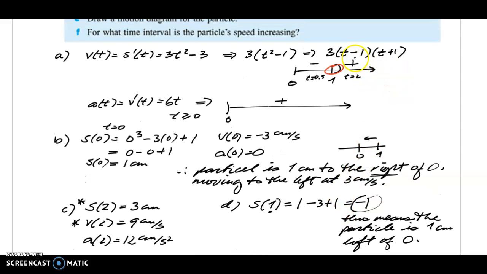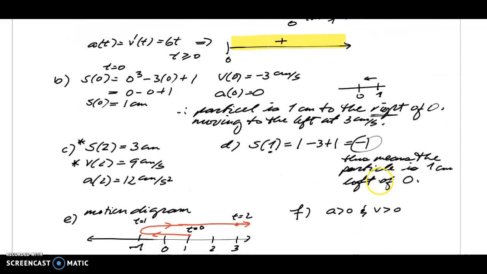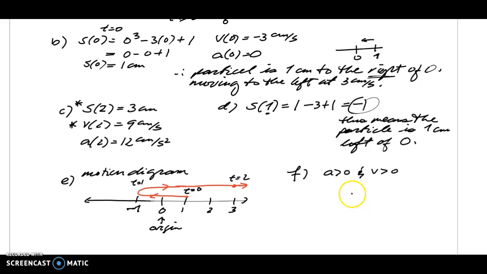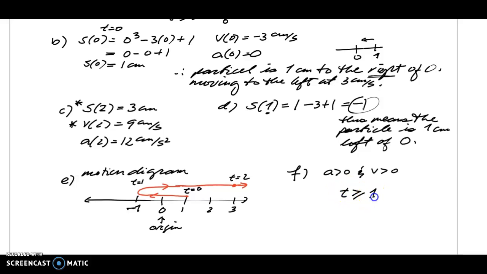So look at here. We know acceleration is positive everywhere, but velocity is positive only for t greater than or equal to 1.